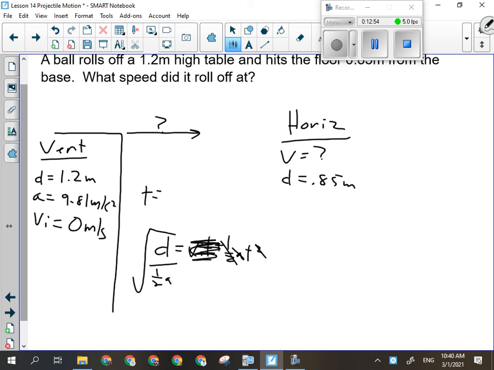Okay, so T will equal the square root of 1.2 meters divided by 1/2 times 9.81. And again, if you're going to make the 9.81 negative, you got to make the 1.2 meters negative as well, because they're both down. And if you don't, your calculator gets very upset. It says you can't do what you want to do, which is take the square root of a negative number.